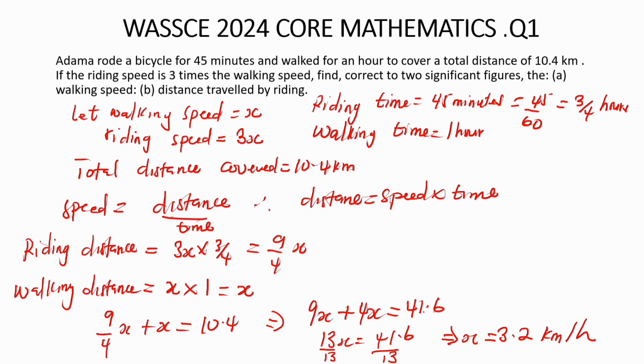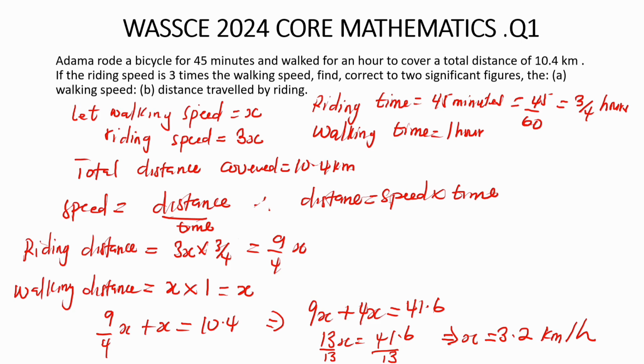What about B part of the question? B part of the question says that we are to find the distance traveled by riding.